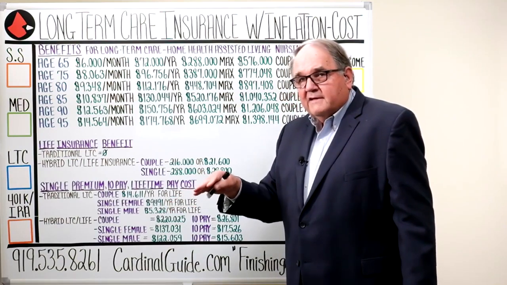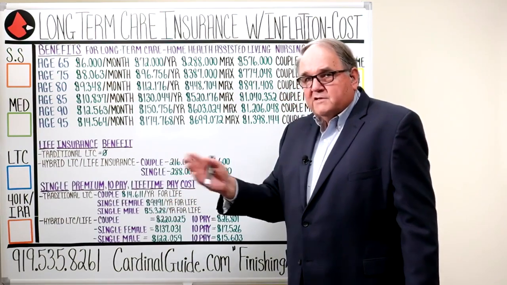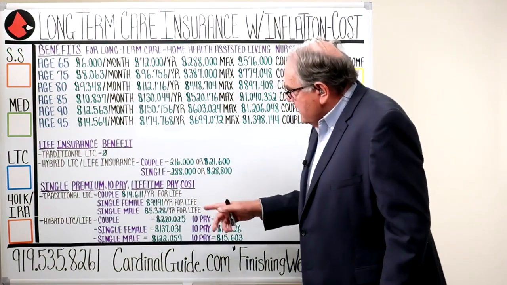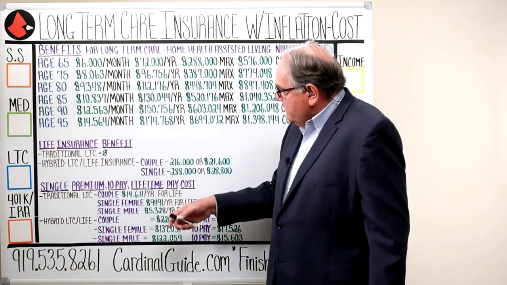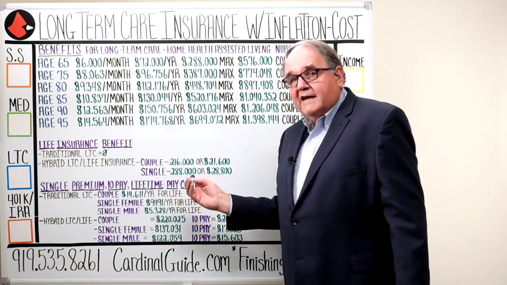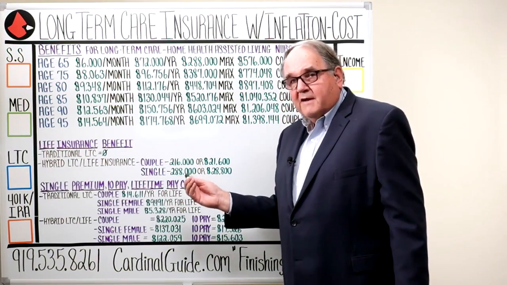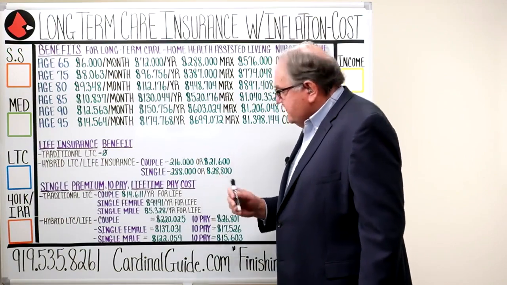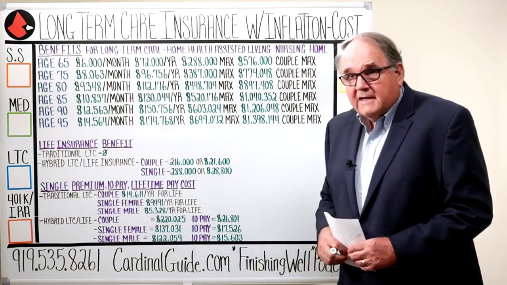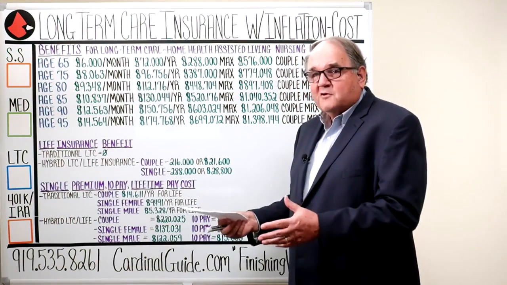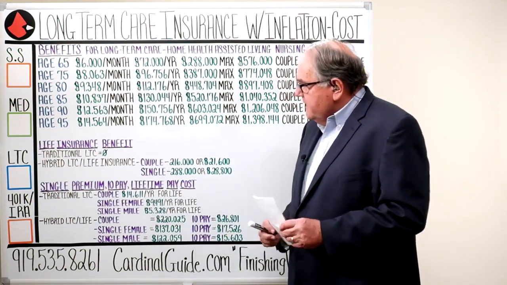In any event, if both of them use it to the max, there's still a $21,000 death benefit. And on the single policies of the hybrid, it's a $288,000 death benefit for when it's not used. It's a $28,000 benefit if they use up all the life insurance for long-term care. There's still a residual death benefit.